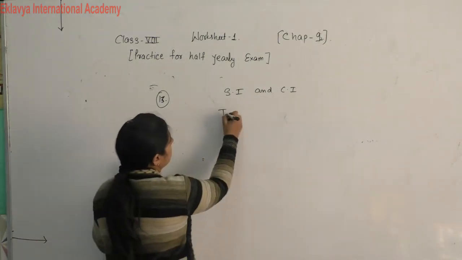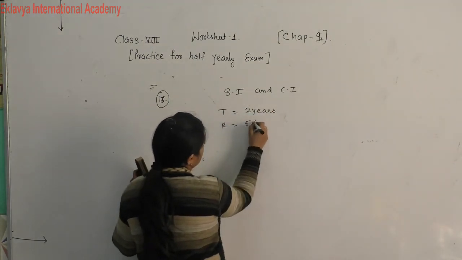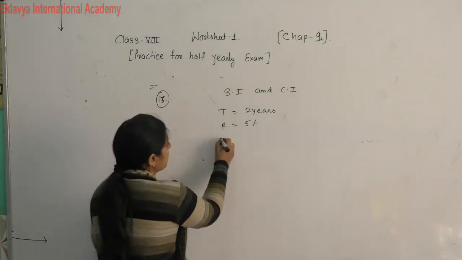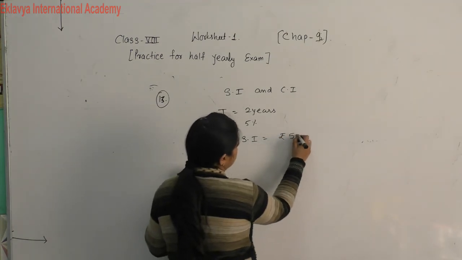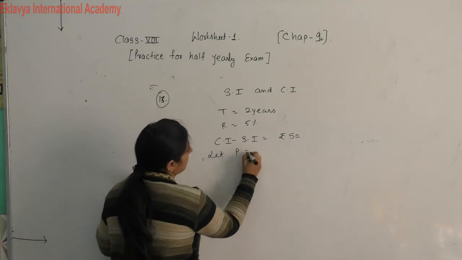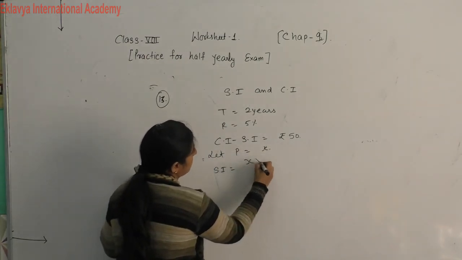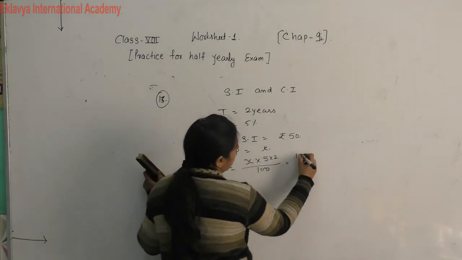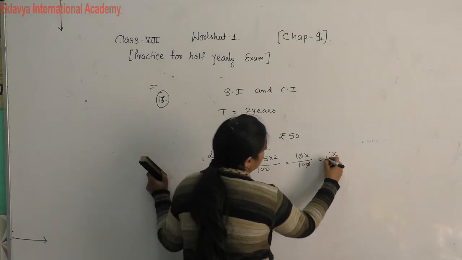Time given to you 2 years, rate given to you 5%, and CI minus SI becomes rupees 50. So let P is equal to X, then SI becomes X multiplied by 5 into 10 divided by 100, 10x divided by 100, it becomes X by 10 rupees.